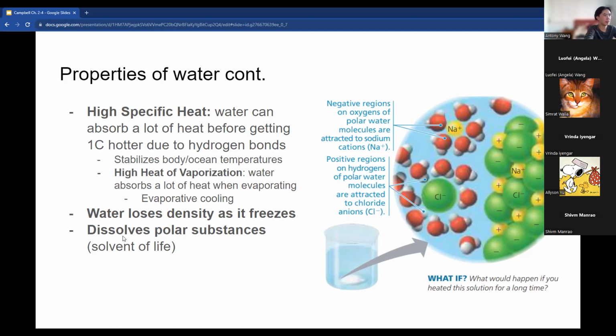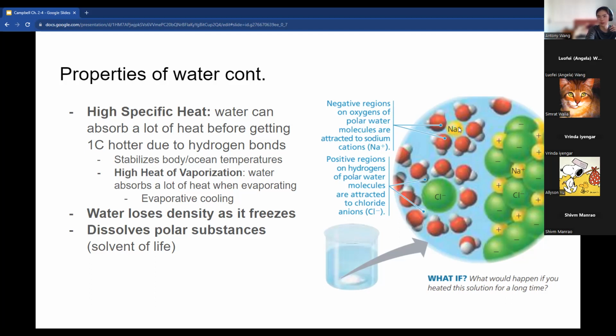This one's really important. Water dissolves polar substances. So anything with a charge can get pulled apart by water, because water has partial positives and partial negatives. If you look at this diagram of salt in water, this is how salt actually dissolves. Water molecules will surround the sodium.